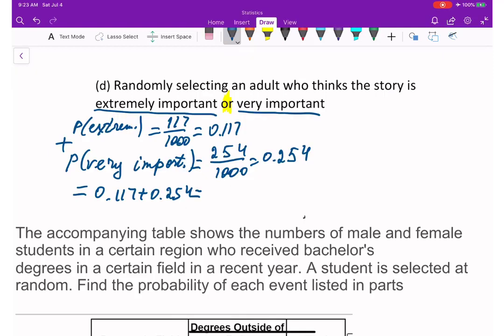Okay, 11, 6, 7, and 3, 0.371. Did I add correctly? No, of course not. Gee. 7 times 4, 11, 6, 7, and 3. Yeah, very good.